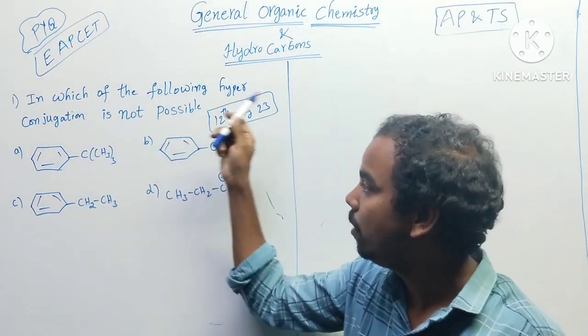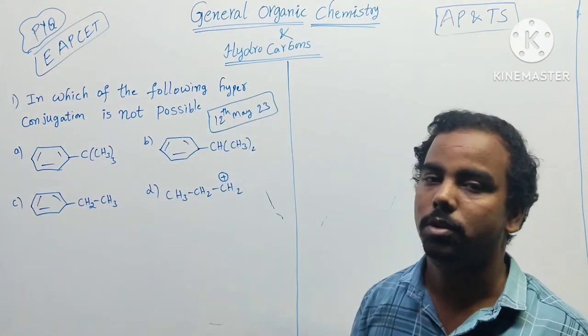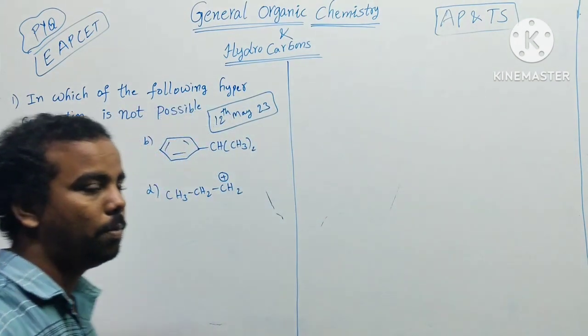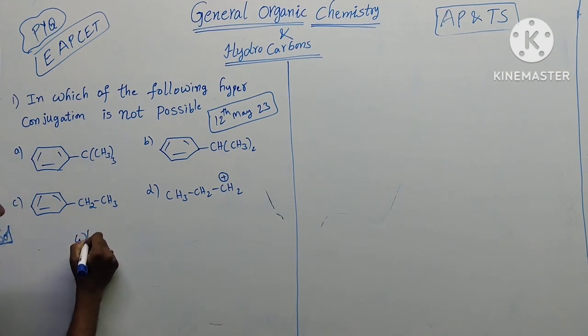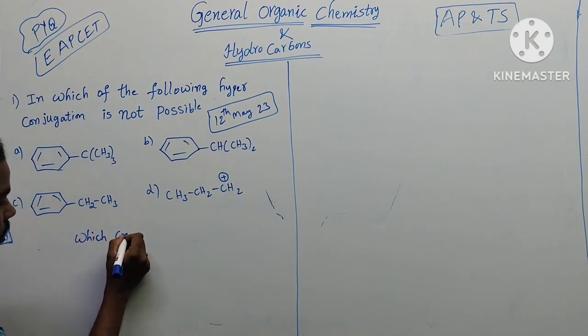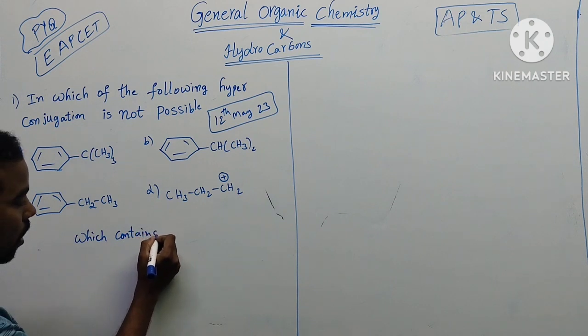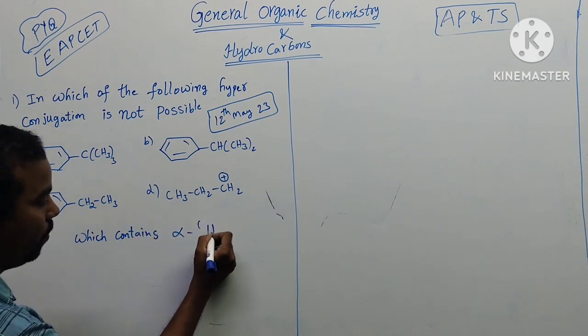In which of the following is hyperconjugation not possible? First, hyperconjugation requires alpha hydrogens.